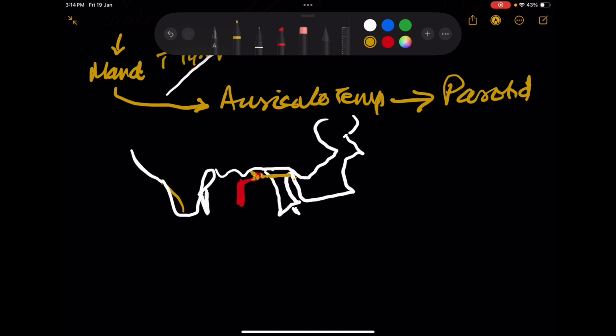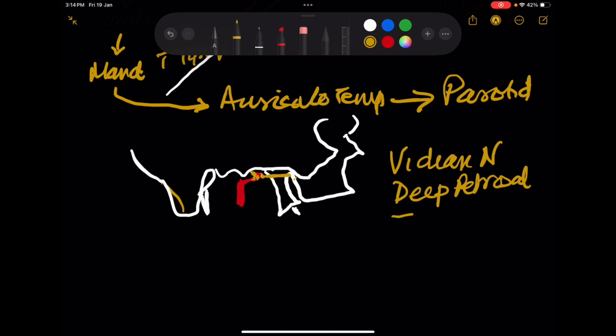Now this is called the Vidian nerve or the deep petrosal nerve. All are related to the petrous bone, so deep petrosal nerve. From this, it hikes onto the maxillary nerve, from maxillary to the ophthalmic, the lacrimal branch of the ophthalmic, and supplies the lacrimal gland.